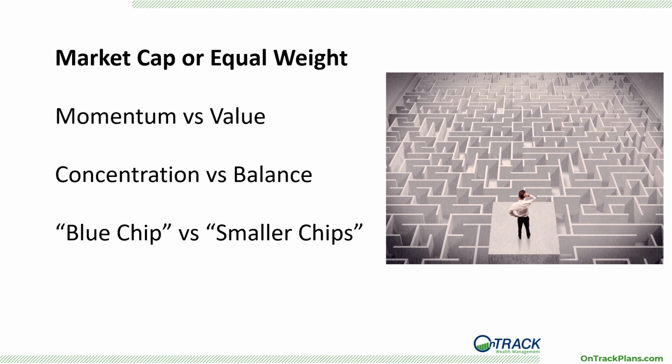There are some smaller chip companies that are on their way to becoming no chip companies, and then there are some in the smaller chip category that are going to become blue chips. That's where having a money manager who's doing the fundamental research on those companies can really benefit an investor, picking the right smaller chips that you want to have and avoiding some of the ones that you might not. No doubt.